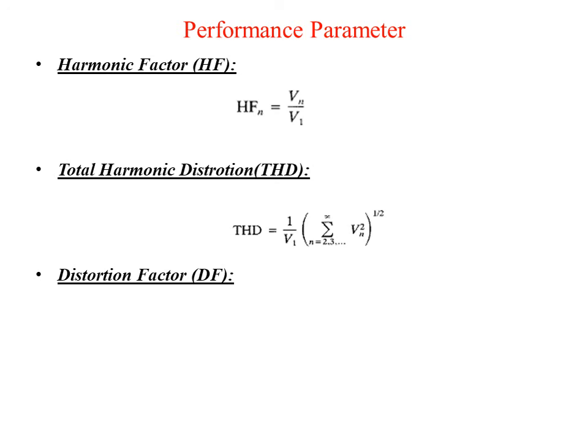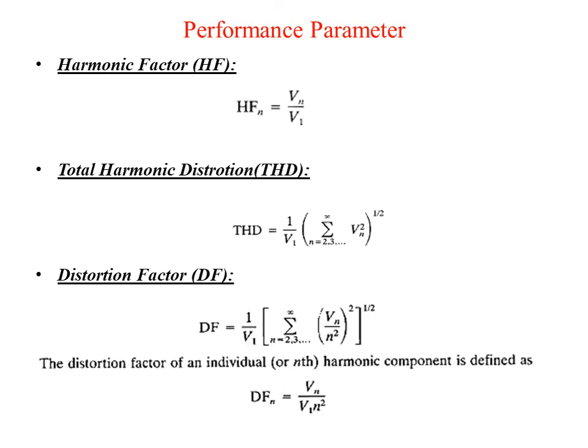Thus, distortion factor is a measure of effectiveness in reducing unwanted harmonics without having the specific values of a second order load filter, and is defined as DF is equal to 1 divided by V1 multiplied by under root summation n is equal to 2, 3, 5, 7 up to infinity of Vn divided by n square, whole square.